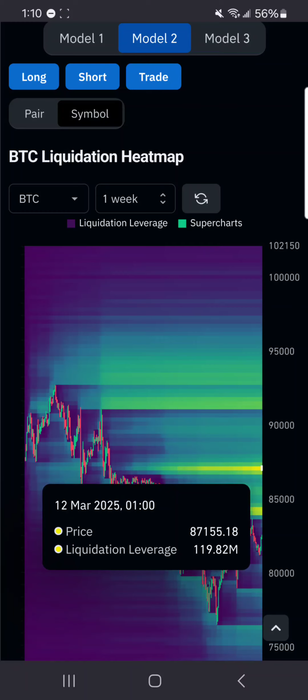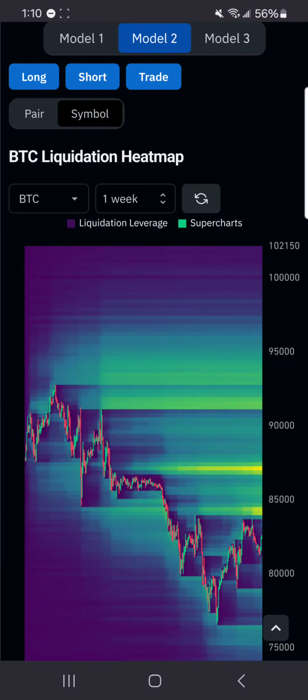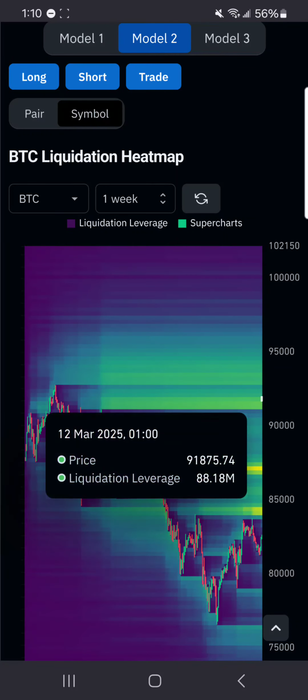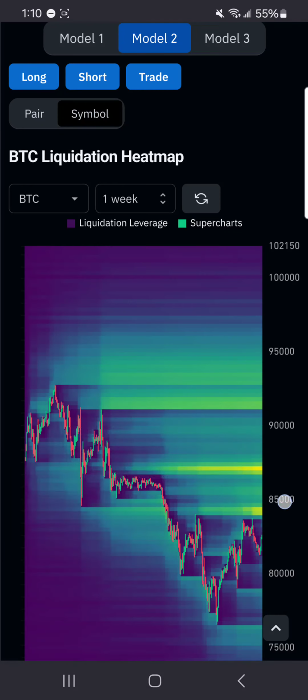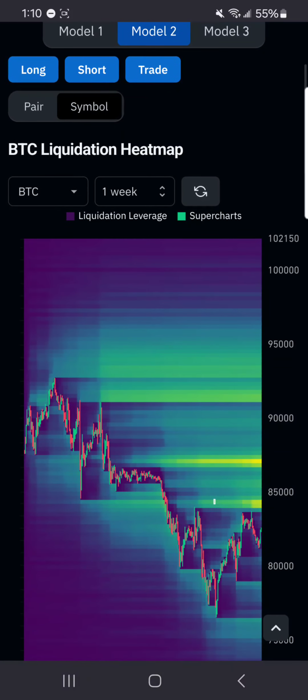And then what do you have up here? Where does that green end? Right there, 91.8. Let's say you get that and you come up to 92. Just right around 92, that would get all these shorts liquidated here. So looks like a good target to me.